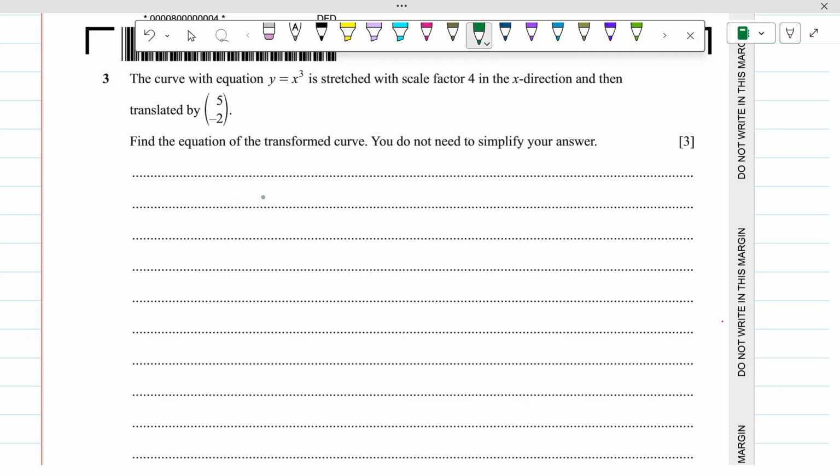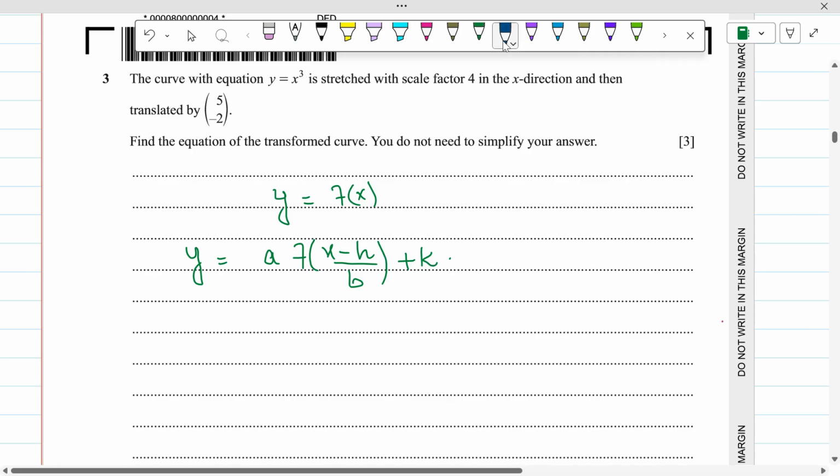Okay, first thing you should remember: when we have y is equal to f of x, and this function is transformed, the equation becomes y is equal to a times f of (x minus h over b) plus k, where a is the vertical stretching or compression.